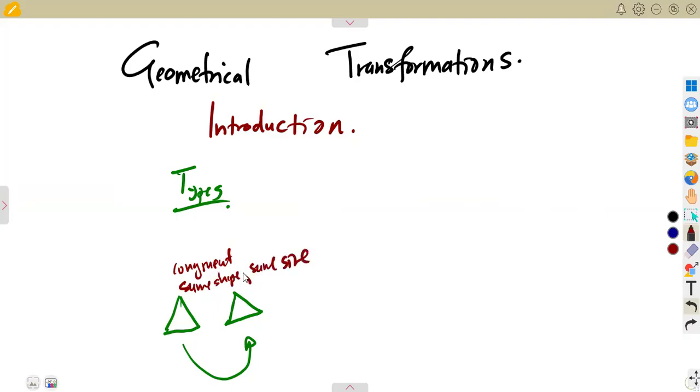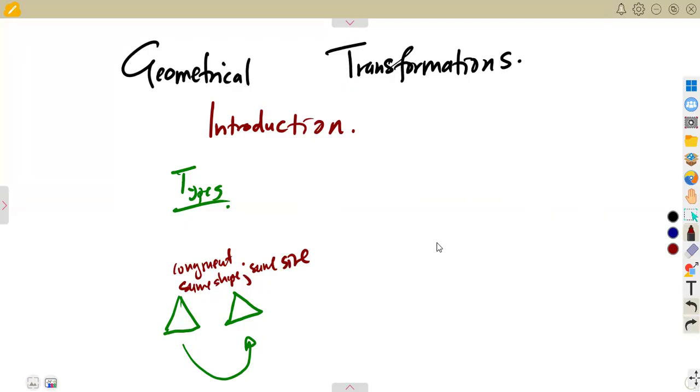If this is occurring, the figures are congruent, exactly the same, but only the position has changed. The triangle was here, now the triangle is here, but it is the same triangle as it was.